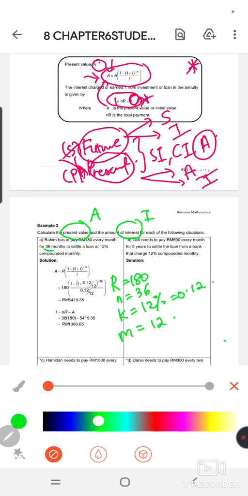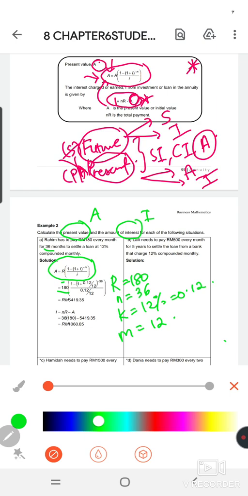So dah cukup maklumat, you just use the formula. Dia sebenarnya senang je asalkan kita faham cara nak gunakan formula. So bila diberi soalan, awak kumpulkan information yang diberi and then just use the formula and then substitute all the values that are given. Okay, so the value of R is 180.